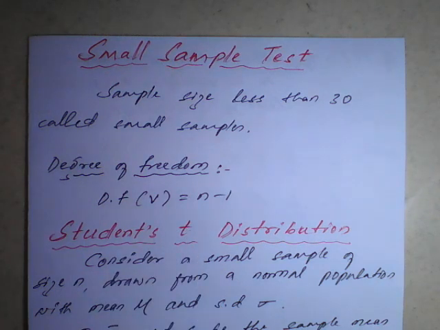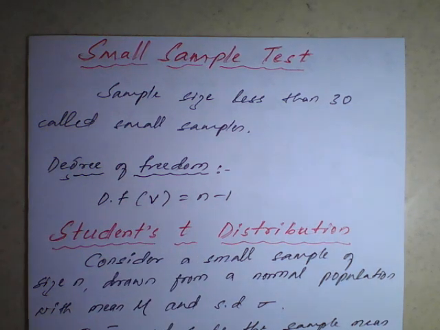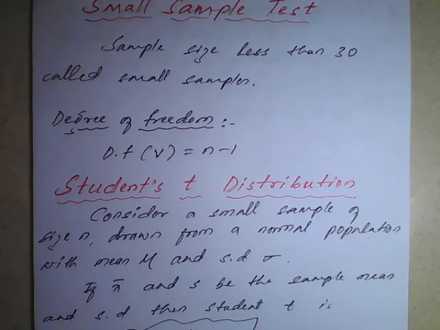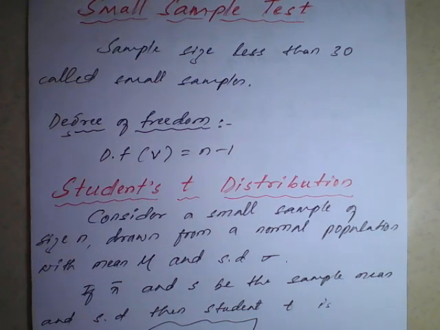Why we need this degree of freedom: to find the student t distribution in the table, they give the value in terms of degree of freedom. For which value of degree of freedom the t distribution falls, we see in the table, or sometimes in the question itself they will give the degree of freedom value.